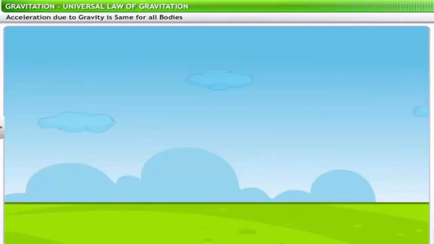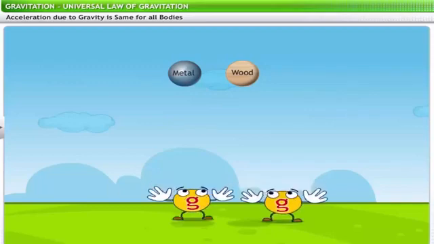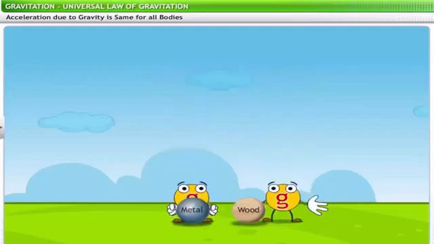Acceleration due to gravity at a place on Earth is the same for all bodies, irrespective of their masses. Let's use two identical objects with different masses to verify this statement. Drop a metallic ball and an identical wooden ball from a height. Do you notice that both reach the surface of the Earth simultaneously?